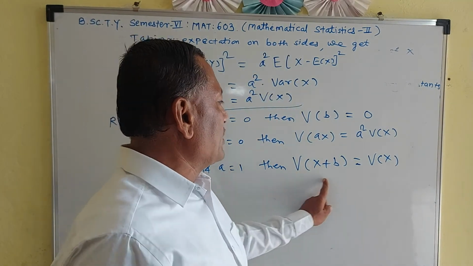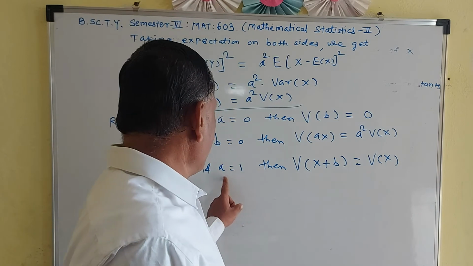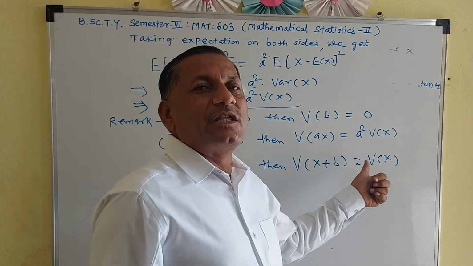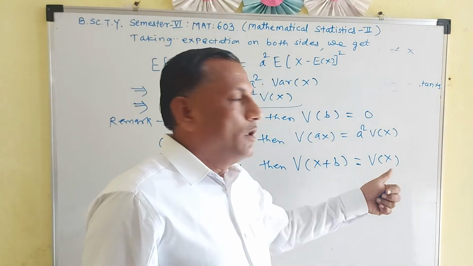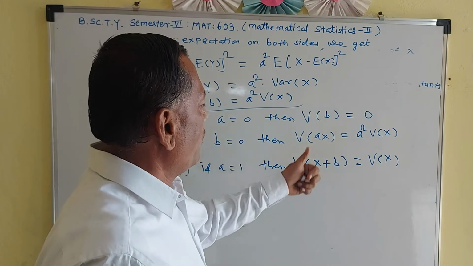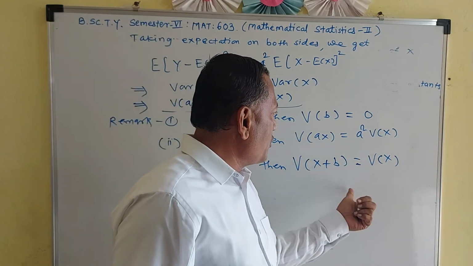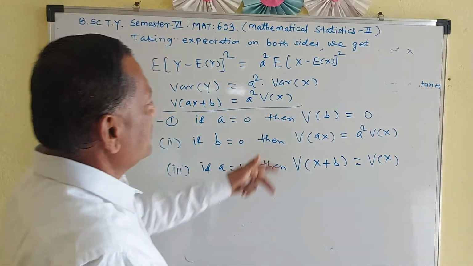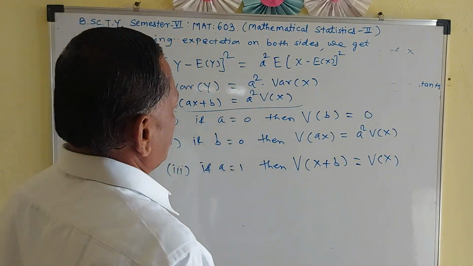Variance of x plus b is equal to variance of x when a is equal to 1 means variance is independent of change of origin. So here variance is independent of change of scale, variance is independent of change of origin, and variance of constant is 0. So these are the results from this theorem.